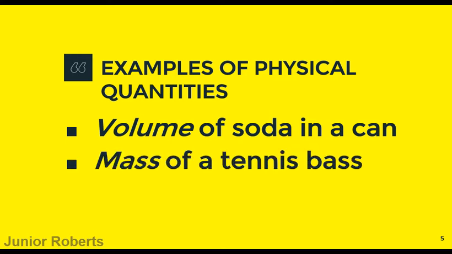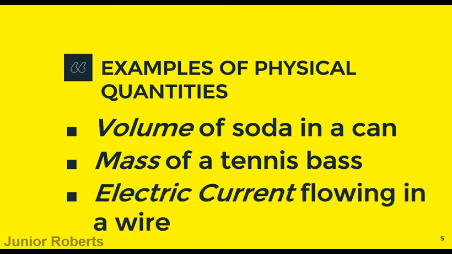Another example might be the mass of a tennis ball. Another example, the electric current flowing in a wire. All these are physical quantities which we can measure, and when we measure them, we can express them as a number with an associated unit.